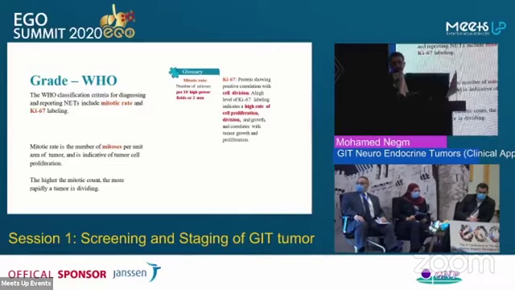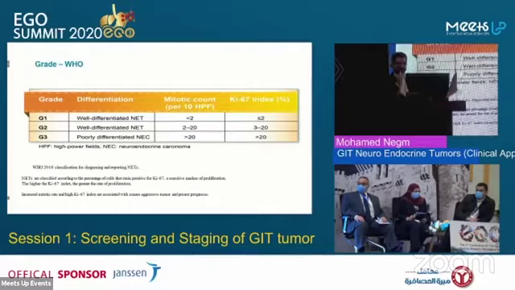So the job of the pathologist, which is crucial in cases of neuroendocrine tumors, is to assess the mitotic rate and the Ki-67 index. And according to this, we categorize them into grade 1, 2, or 3.